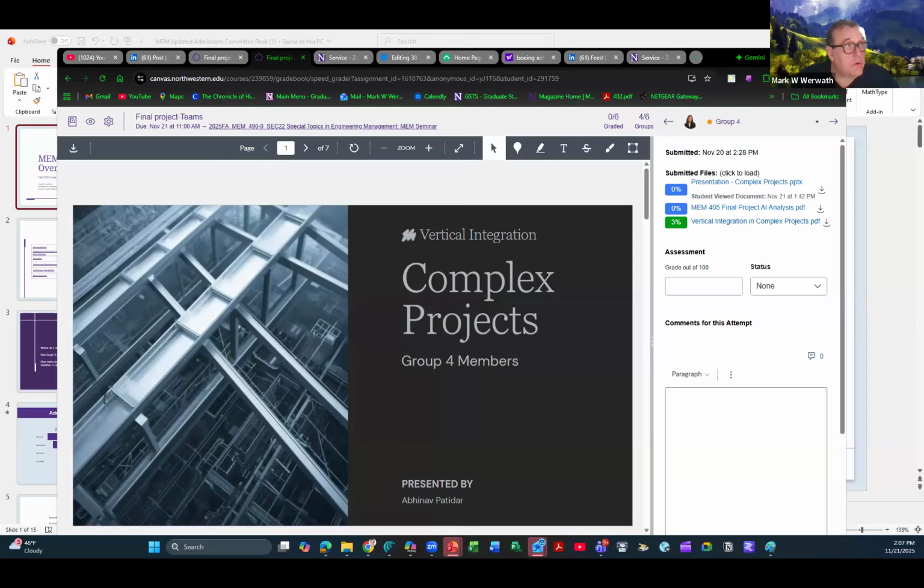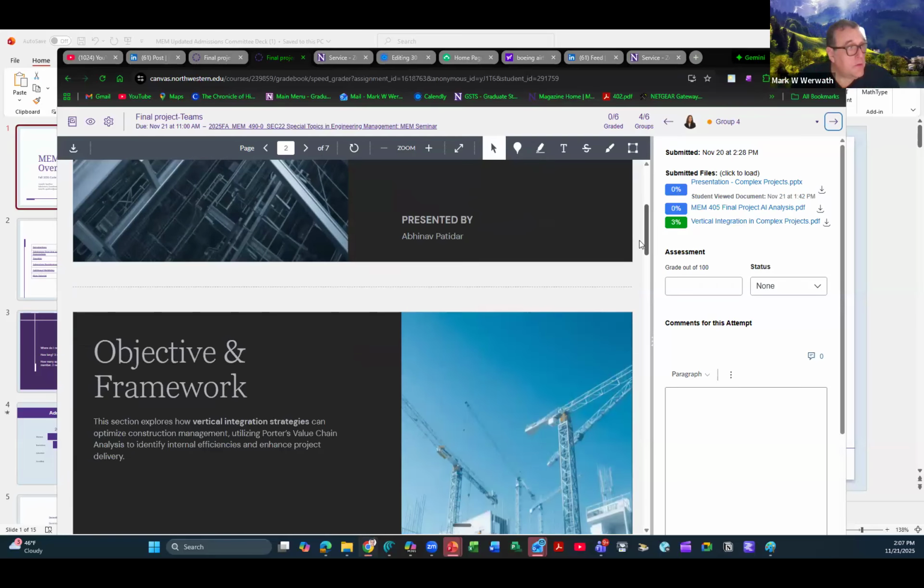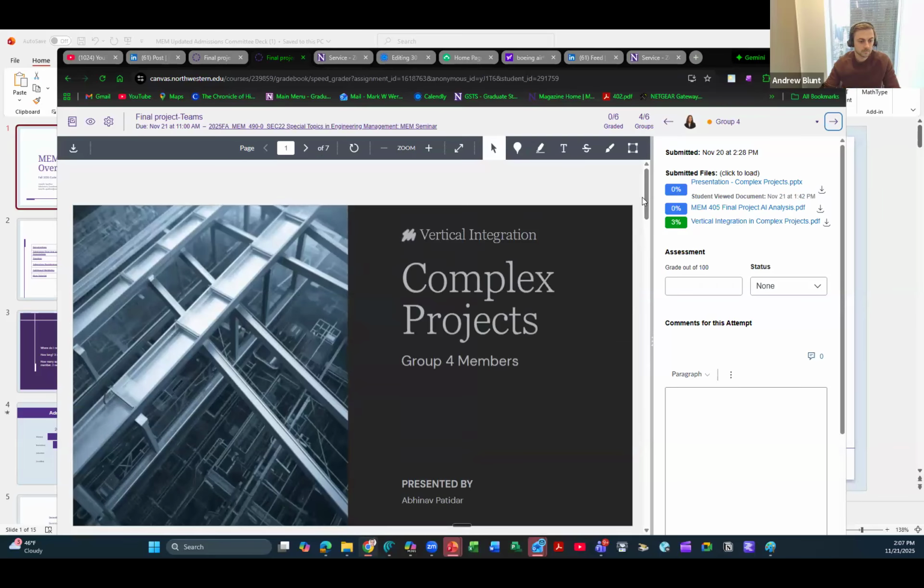Team 4 has a whole project called Complex Projects, Vertical Integration. Did you want to share your screen or go through mine? Yeah, I'll share my screen here. Okay, I'll stop sharing then. With our report, we used Canva AI to generate a presentation and then spent some time to clean it up.